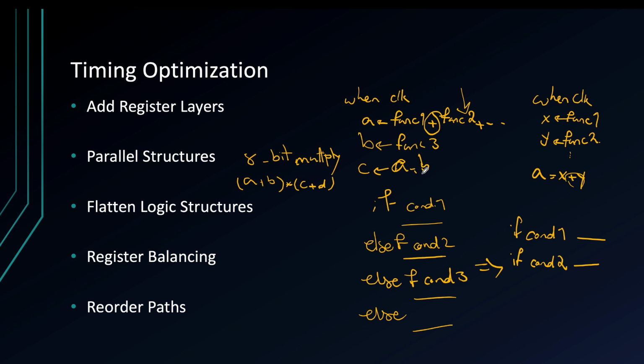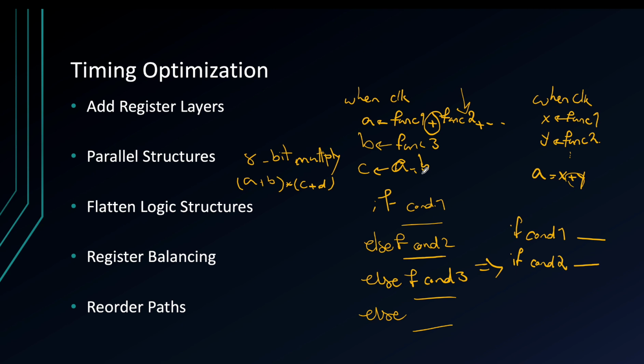These are the 5 main timing optimization techniques. As I said, this is just an introduction. In the next videos, we will be seeing examples of it. I'll have examples from adding register layers, parallel structures, flattening logic structures, register balancing and reordering paths, and we'll compare them in parallel.